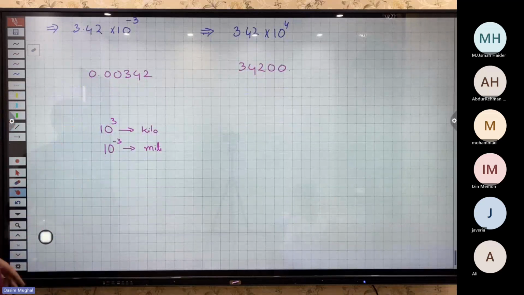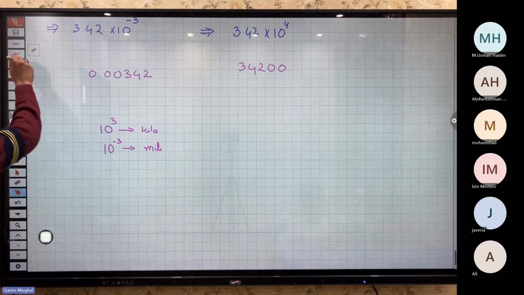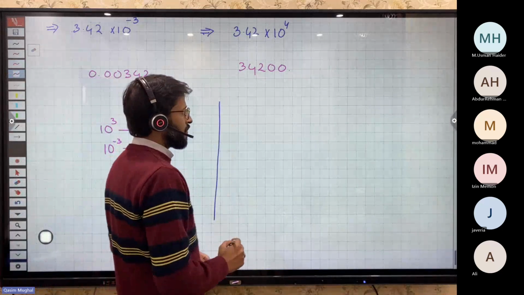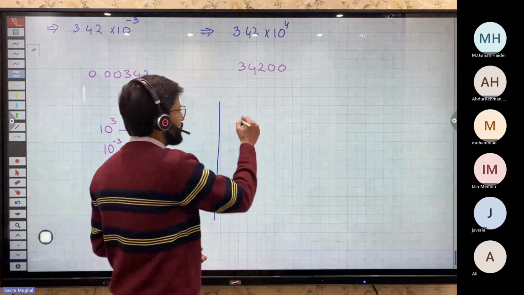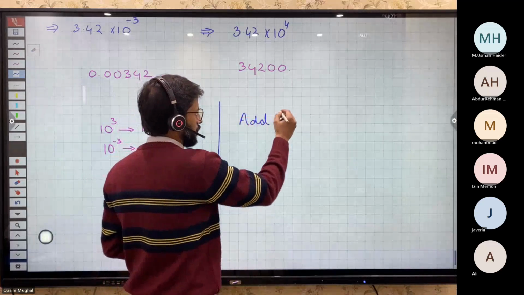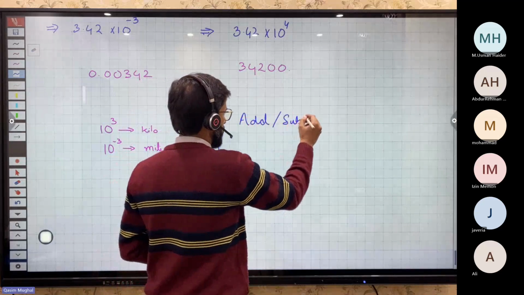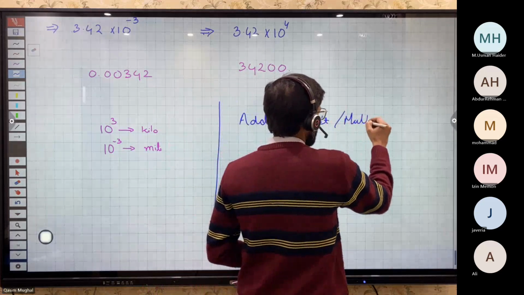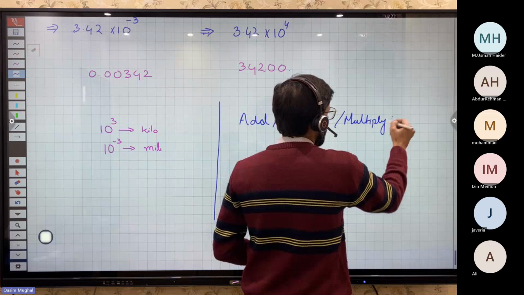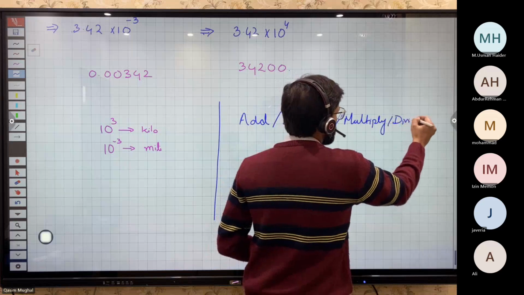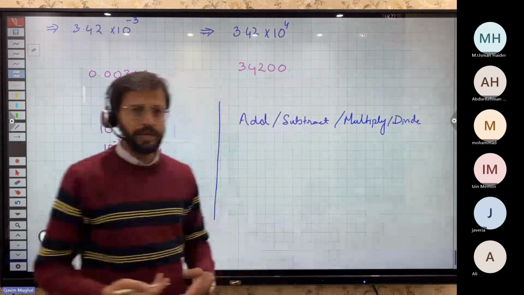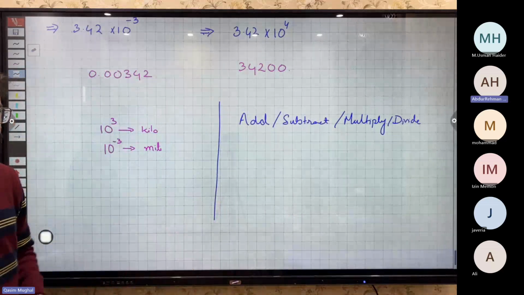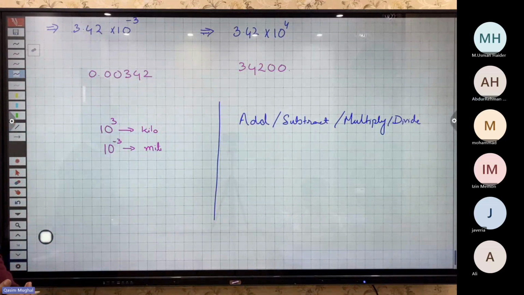Mostly, 99% of the questions that come in Cambridge check how to add, subtract, multiply, or divide numbers written in standard form. So, basic arithmetical operations on numbers written in standard form.